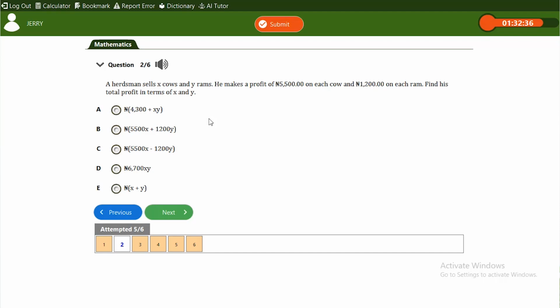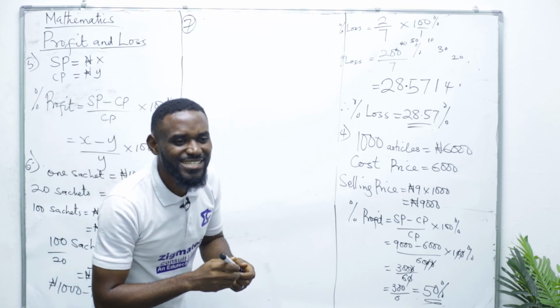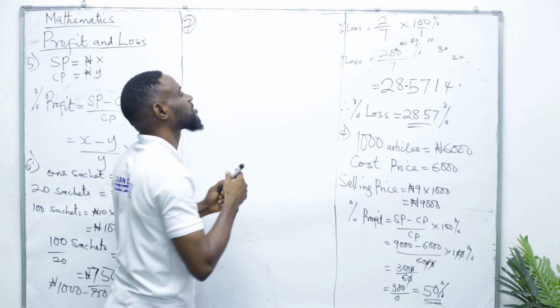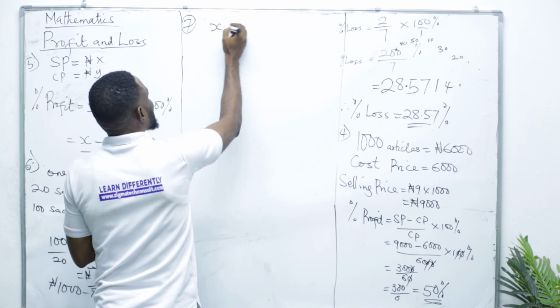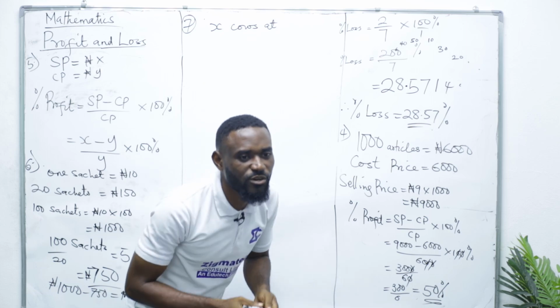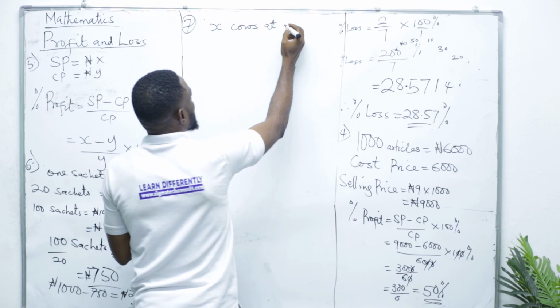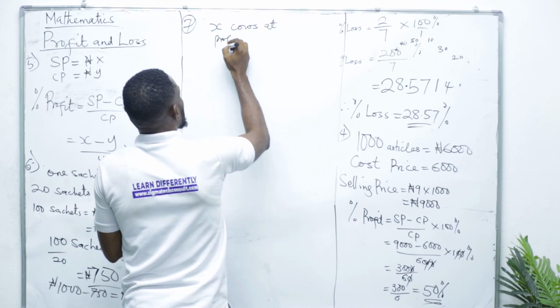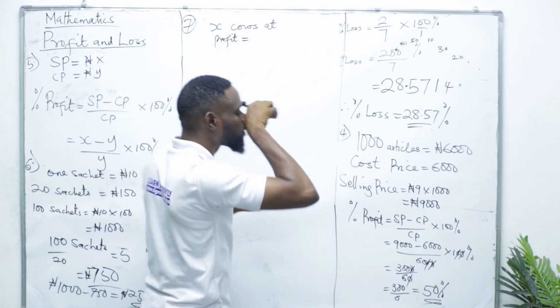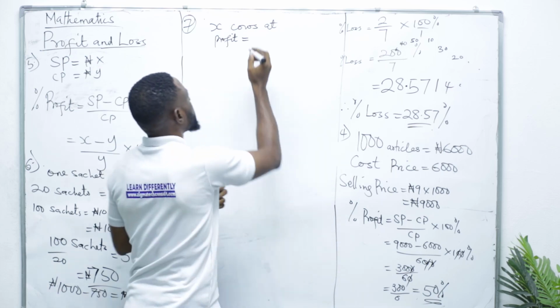Find his total profit in terms of X and Y. Okay, so this herdsman sells X cows and makes a profit of 5,500.